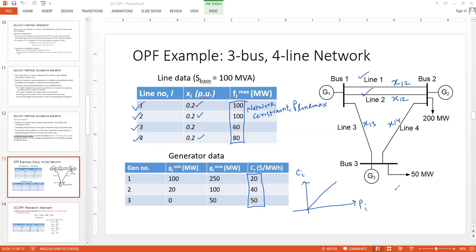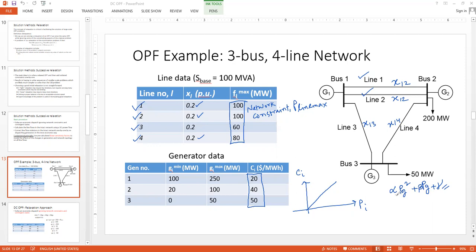In general, our cost function would have been like this in an ideal case. If it is a quadratic function, it would look like this: alpha PG squared plus beta PG plus gamma, where gamma is a constant. PG and PG squared are multiplied by corresponding coefficients of the cost function.